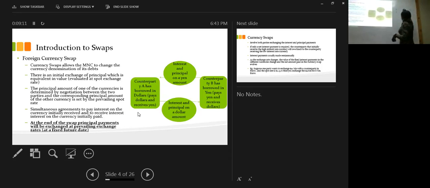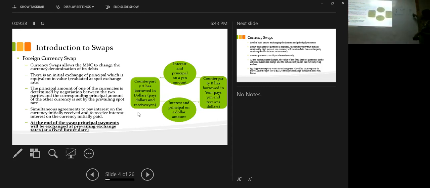And then you have an exchange rate. Party A wants to borrow $10 million because they can only borrow in dollars, and party B would exchange the equivalent amount converted to euro.